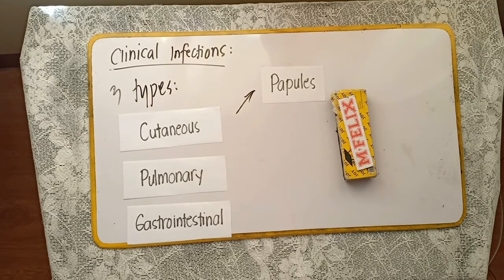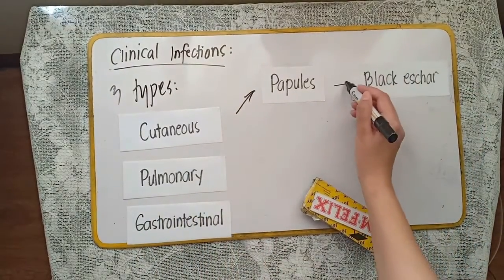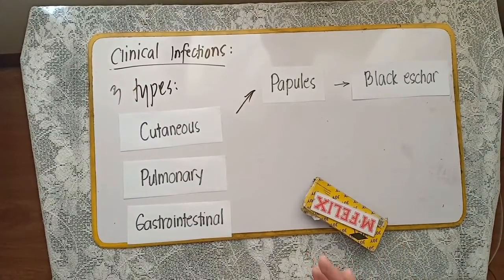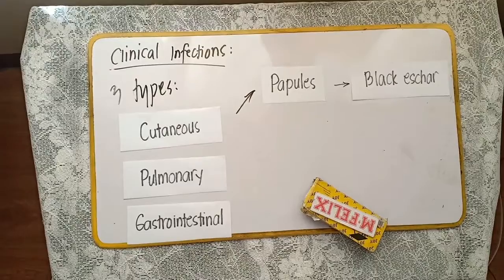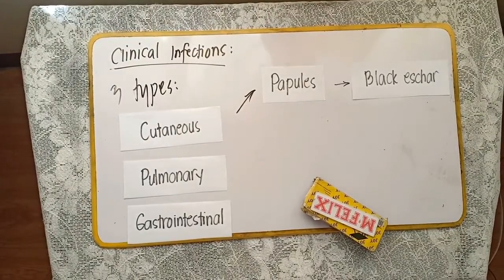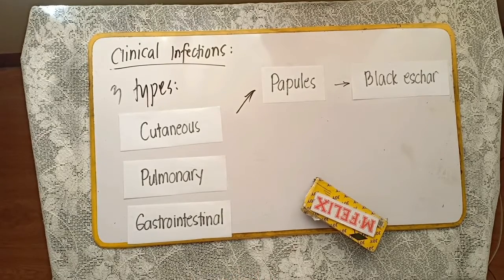Later on, these small papules will start to produce what we call a black eschar. After several days, it will form into a black eschar, which appears as a black necrotic central area. I can't show the picture, but black eschar is what we call the lesion associated with skin infection of anthrax.